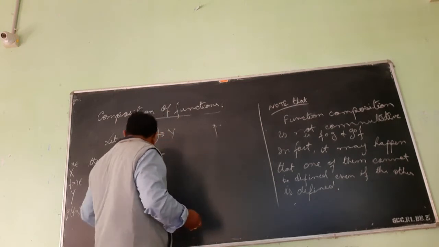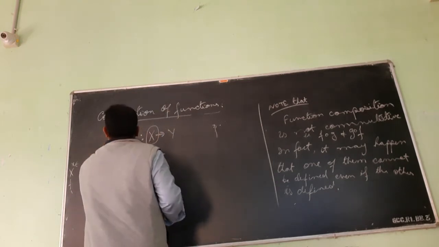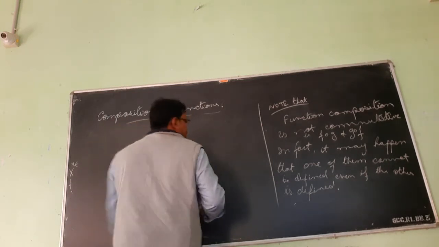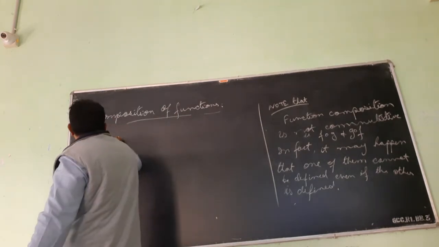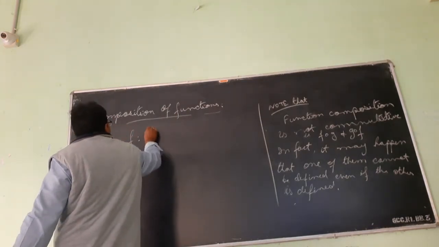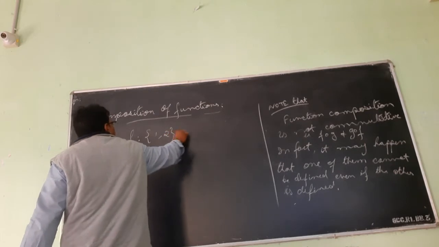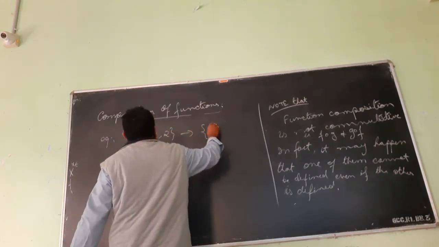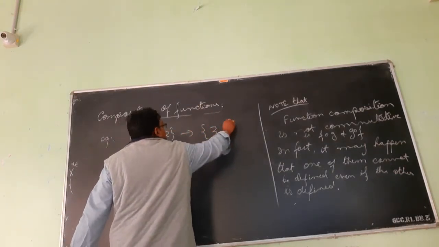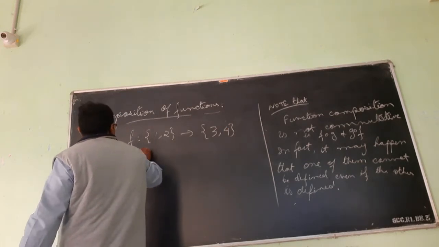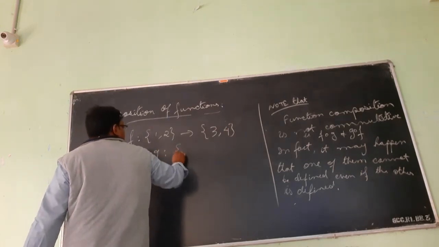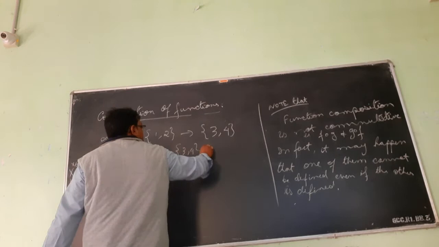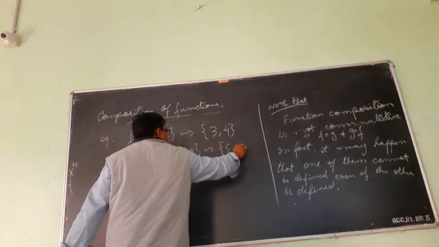So for example, f is a function from the set {1, 2} to the set {3, 4}, and g is a function from {3, 4} to {5, 6}.